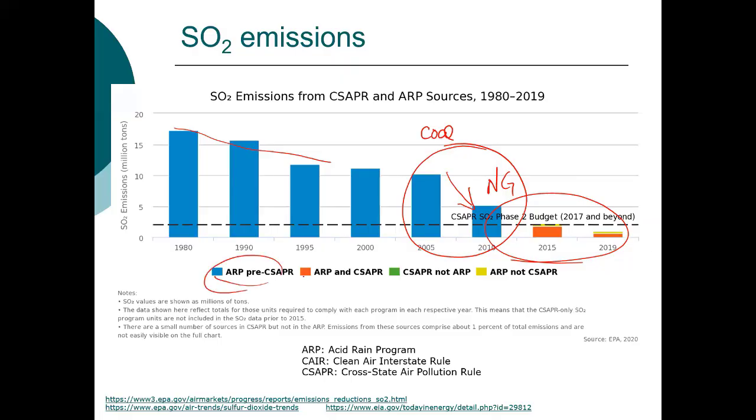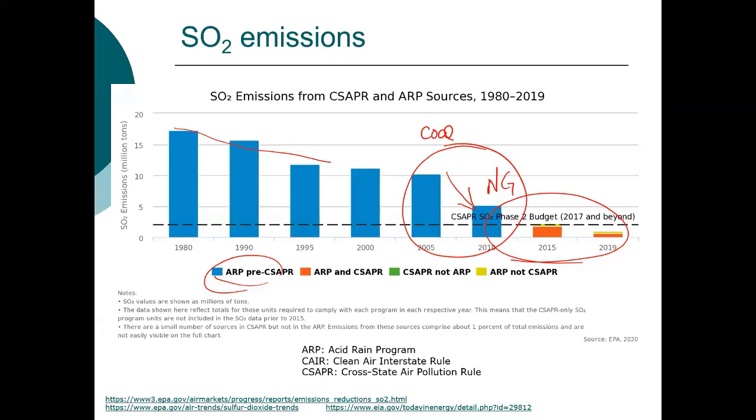These are the various regulations. So the original set of regulations, I mentioned cap and trade. Like I said, we'll talk more about what that means in the clean air unit, but that had a significant impact in reducing SO2 emissions. There was also the Clean Air Interstate Rule for a period of time.